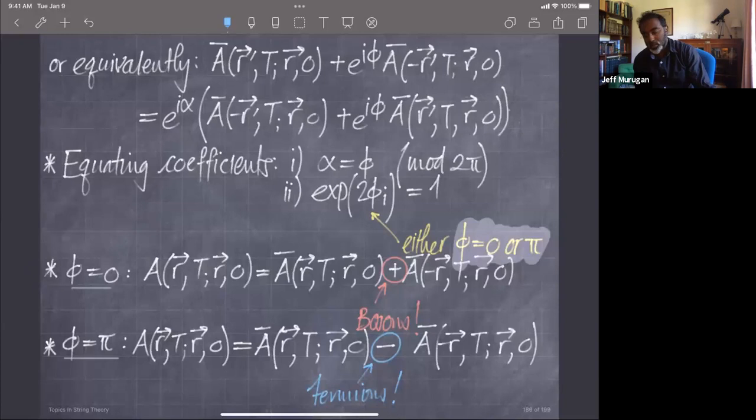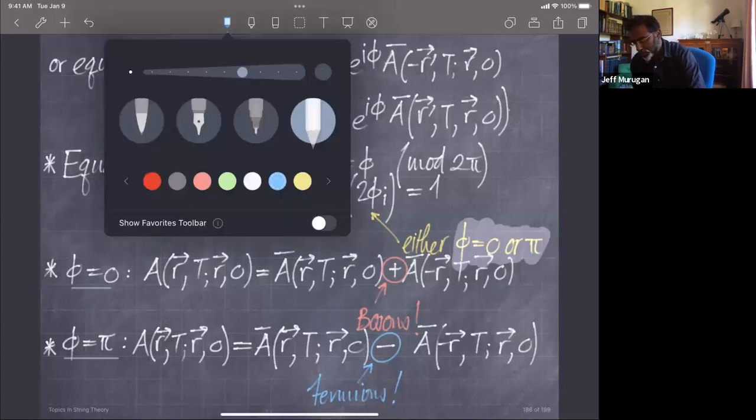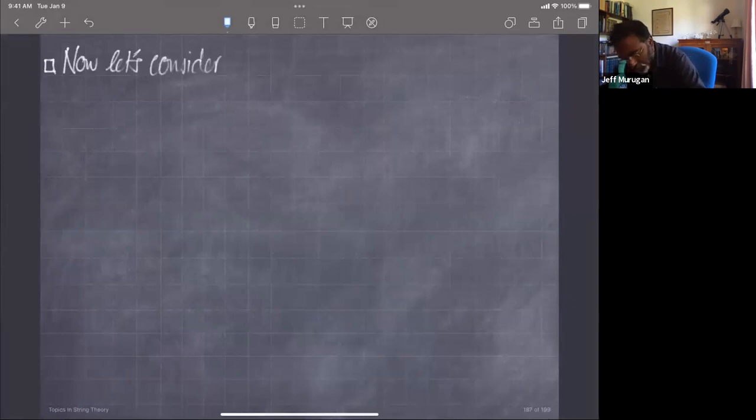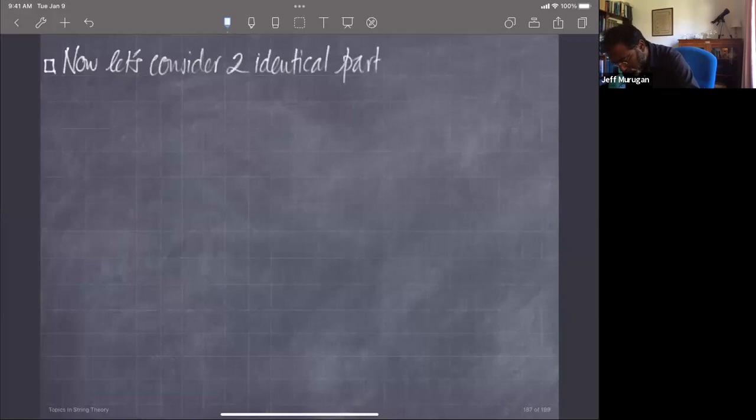So to show you why, let's go down by a dimension. So now I want to go down to two spatial dimensions. So now let's consider two identical particles in D equal to 2.